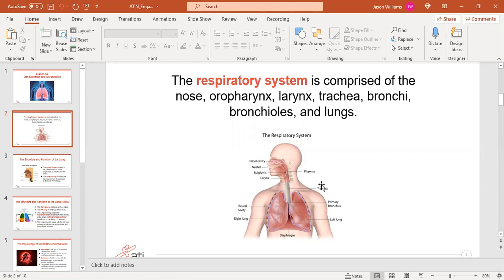And you all will learn in Med-Surg 1, patients with diabetic ketoacidosis, which is a complication of diabetes, can result in metabolic acidosis.